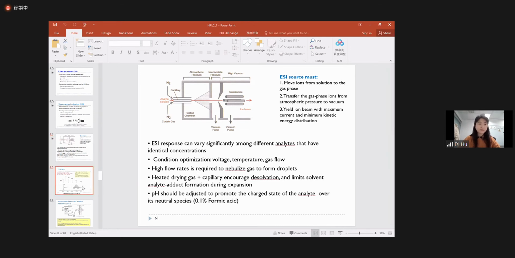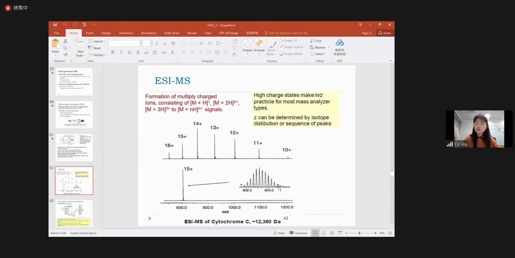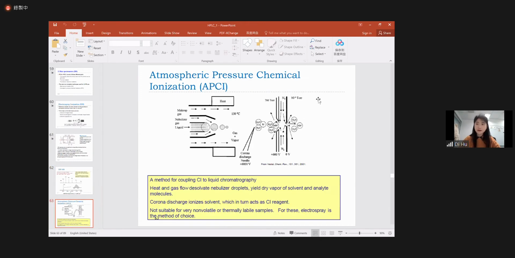That is for ESI, and multiple charging makes it possible to identify, quantify, and determine very large molecules. Then we move on to here. This is where we stop, and we're going to start from here.